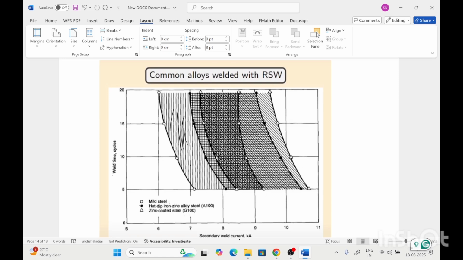As the coating is enhanced, this is for the iron zinc coating, and for this the welding time and current are increased further. The checked area is for the iron zinc alloy coated steel, and for the galvanized steel we need increased welding time and welding current. So with variation in the coating, the welding time and welding current also increase.